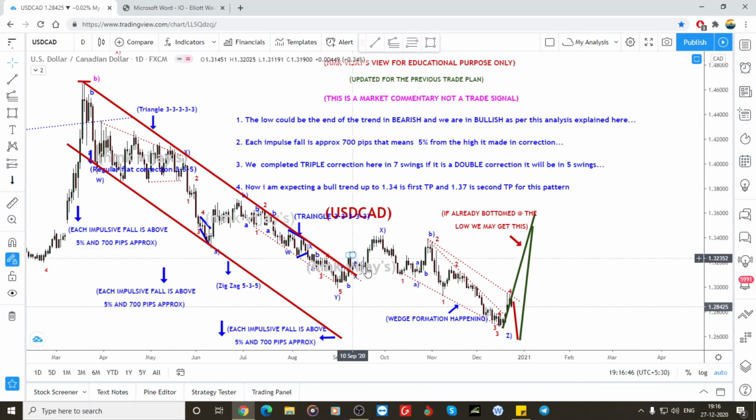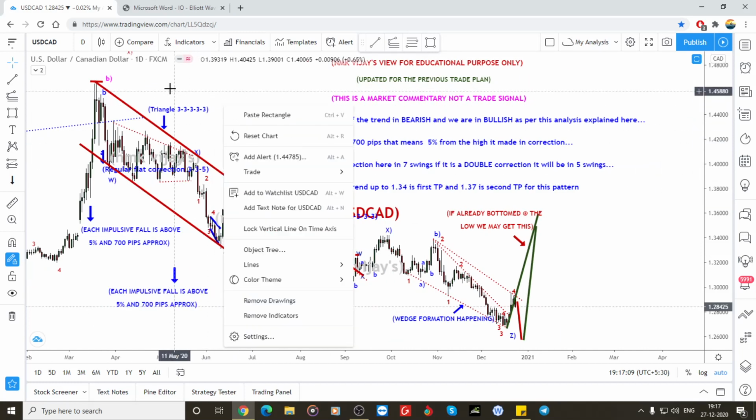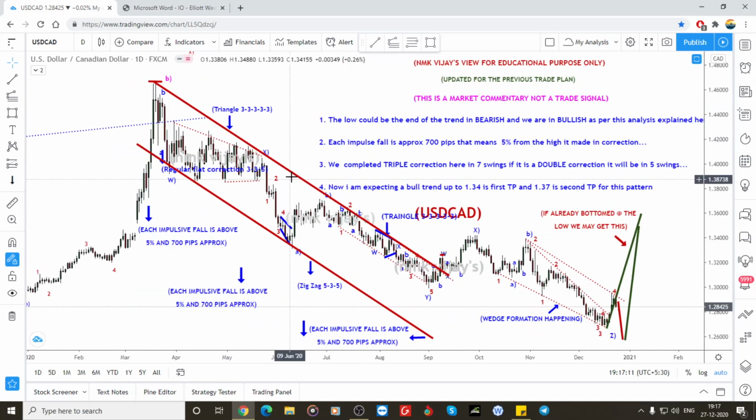See here, what I thought from here, it had already broken that trend line, so I thought it could be a further bullish move. But what happened here, it's again out of the channel and again it came to the downside. So don't trade according to this kind of channels or wedge formations.